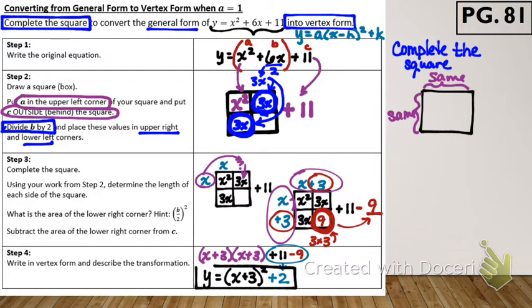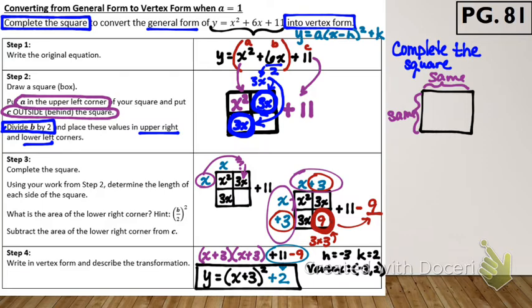Looking at it like this, can you tell me what our h and k values are? H is 3, k is 2. Very close. K is 2. H got you though. Negative. -3. So can you tell me where the vertex is then? -3, 2. Yep, -3, 2. How would you describe this transformation from the parent?